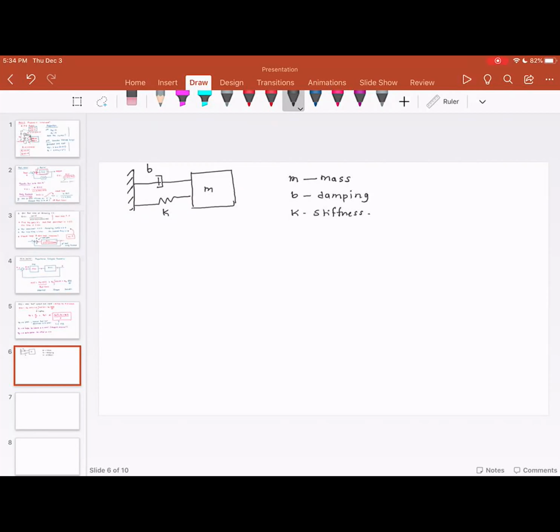Now we discussed the transfer function of this system, and I'm just going to go ahead and write the transfer function down. This transfer function is something like 1 over ms square plus cs plus k.